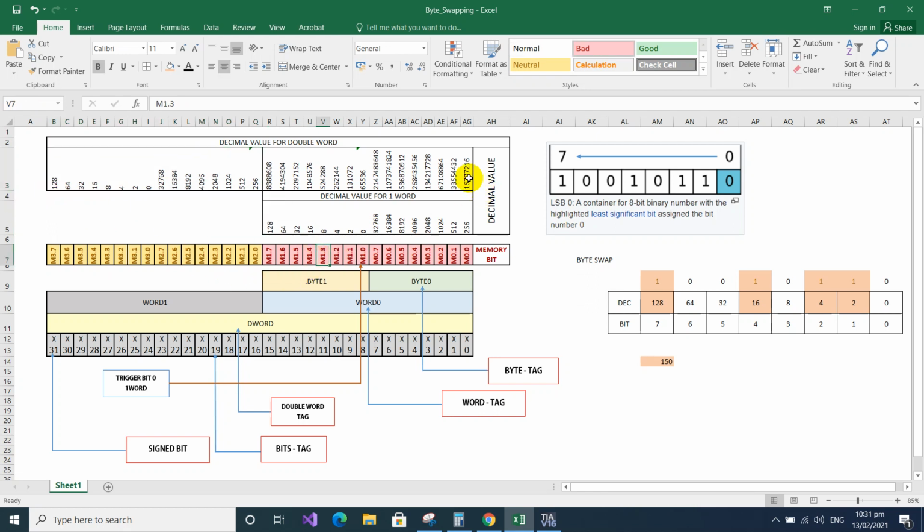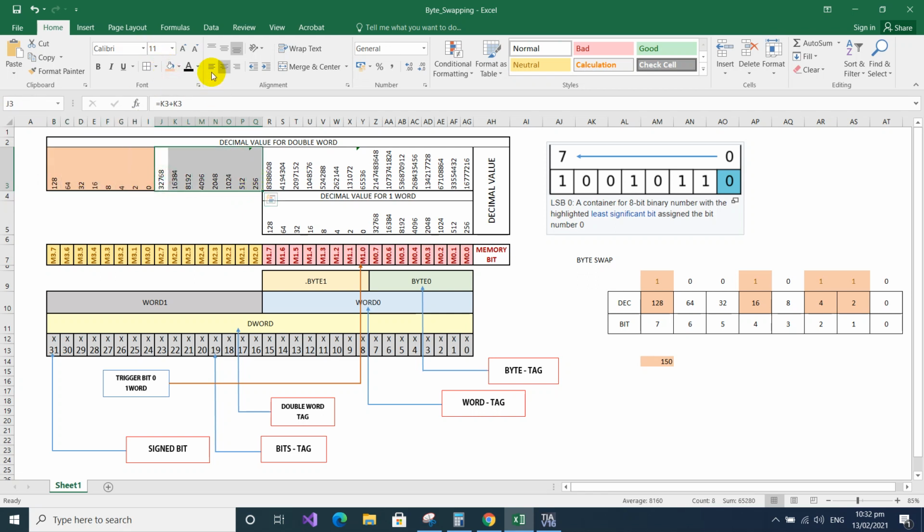Instead of starting 0 from M0.0, you will start 0 from 3.0, not 2.0, because you will also have a byte swap in a double word. So it will be like this. The 0 decimal value will be from 3.0 until 3.7, and then it will follow to 2.0, since as I mentioned, it will have a byte swap here.